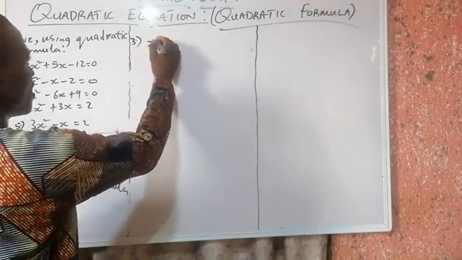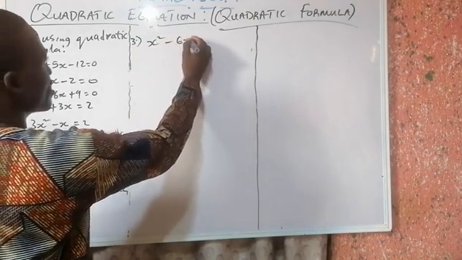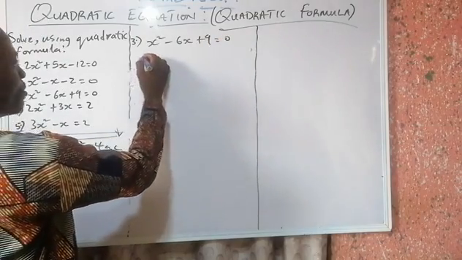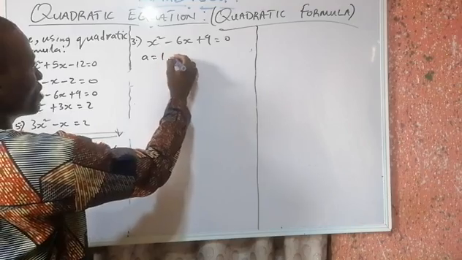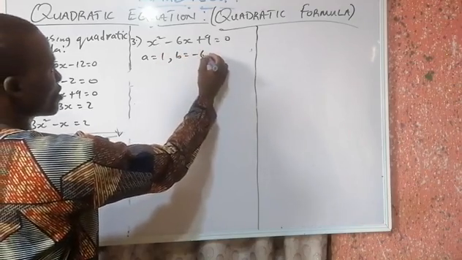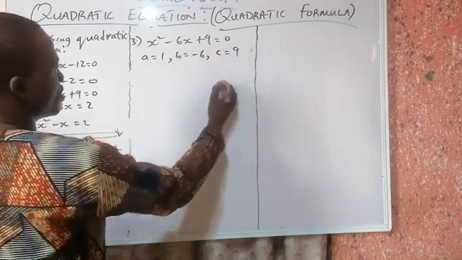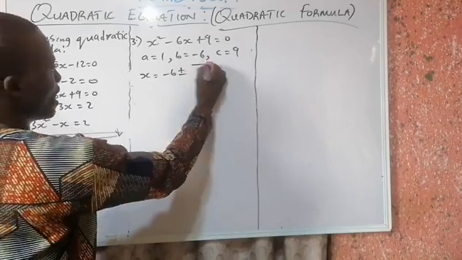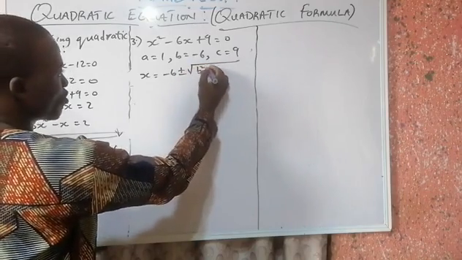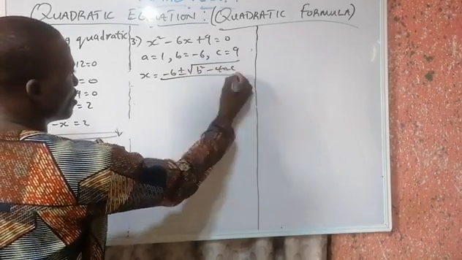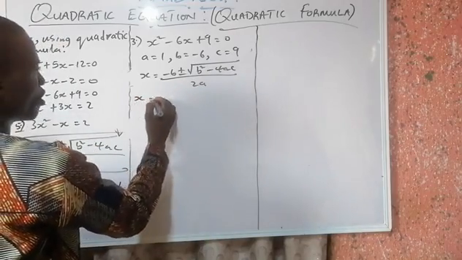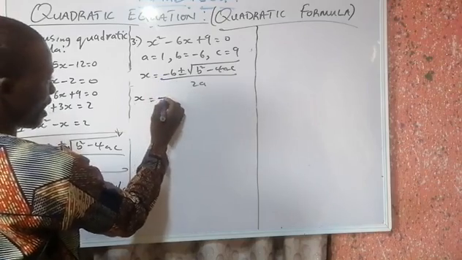So question number 3, I have x squared minus 6x plus 9 equals 0. So from here, I have my A equals 1, my B equals minus 6, my C equals 9, okay? And my x equals minus B, using the formula, stating it out, plus or minus root B squared minus 4AC over 2A. So x equals, there is minus here, that's minus.